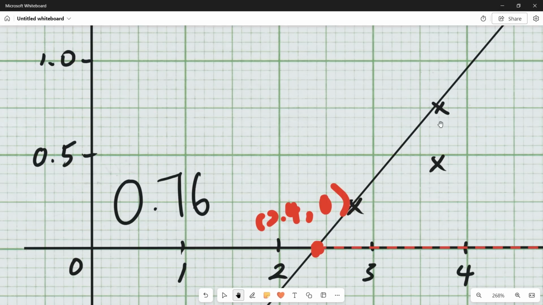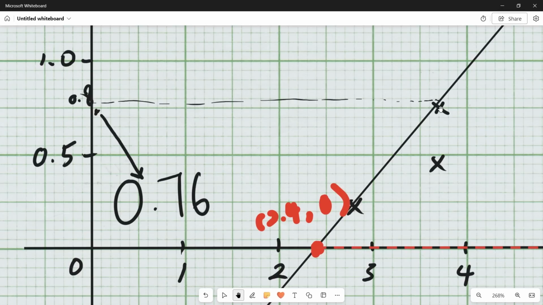To write out our reason, we can look back at the same line, x equals 3.7, and compare the values on the best fit line and the y coordinate of our point. From the best fit line, the y value here is 0.8, right? Compared to our y coordinate value here, the difference is very small.